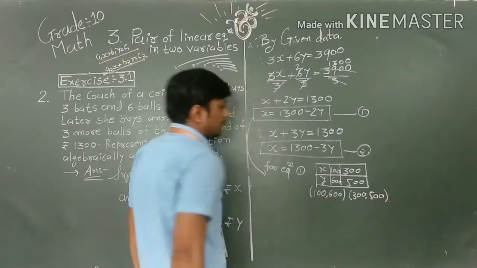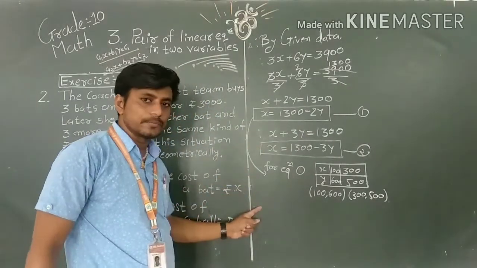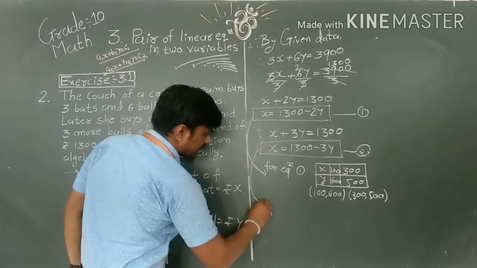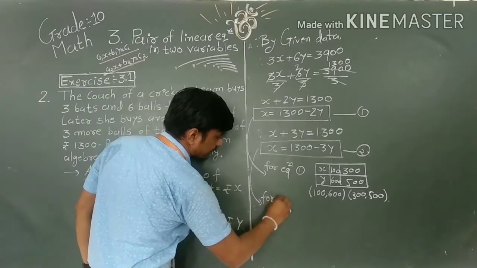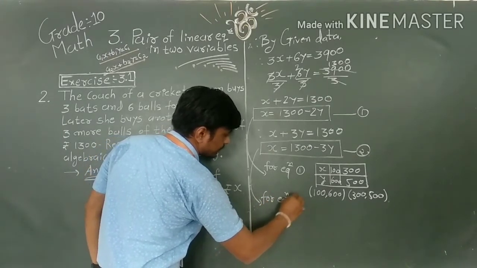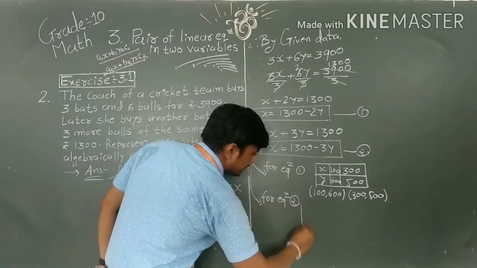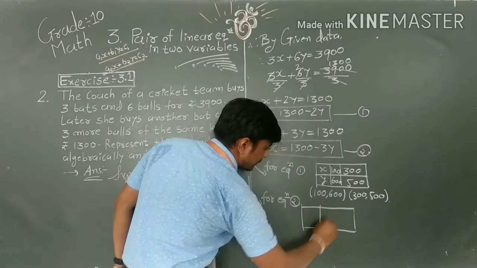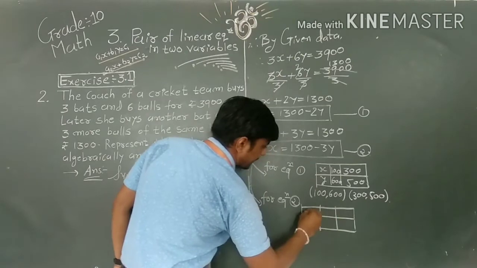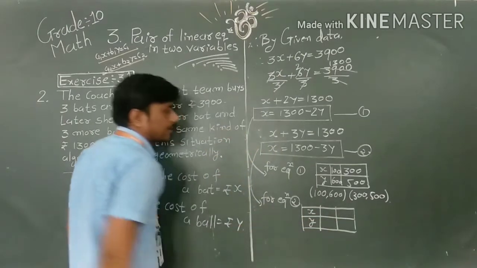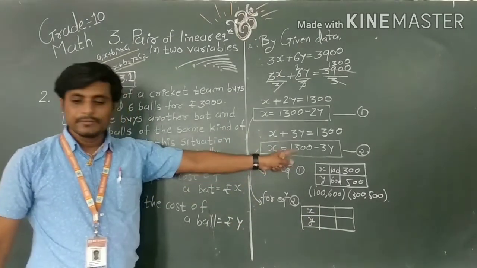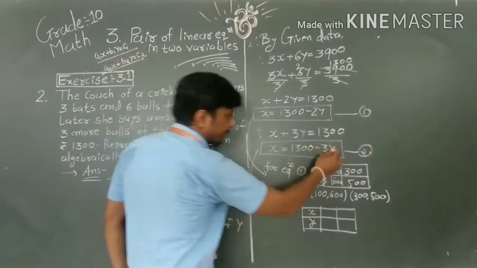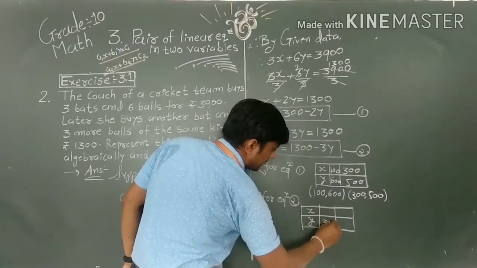Okay. Now for equation 2, here also we take any two values of x and y. This time we take y equal to 300. What happens?